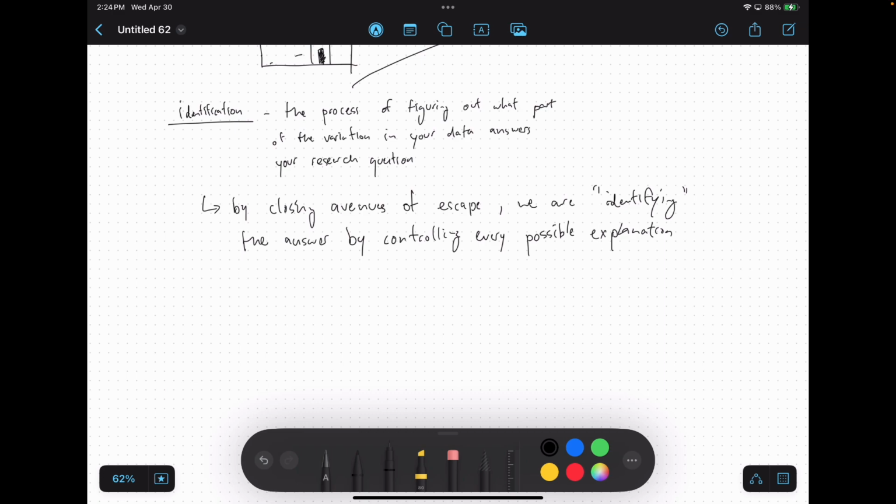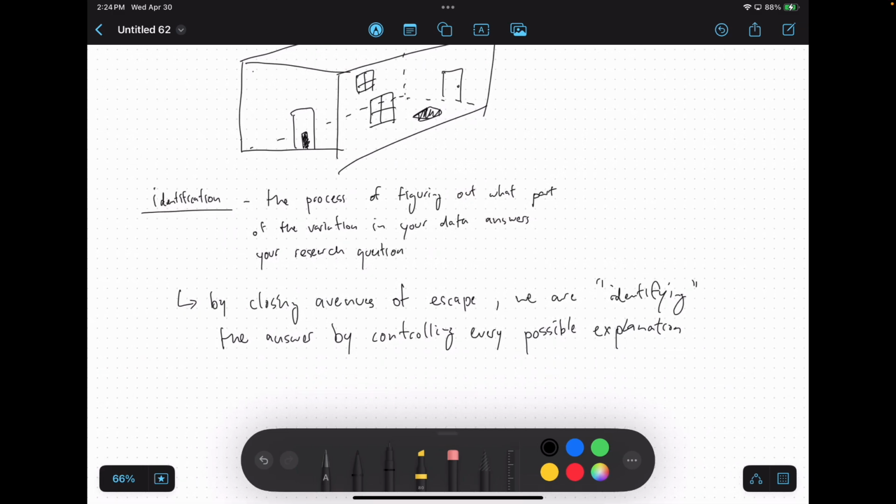And so going back to this particular example, say you had 10 possible areas that the dog could escape from. If I closed all 10 simultaneously, what can I deduce about the dog's mechanism of escape?